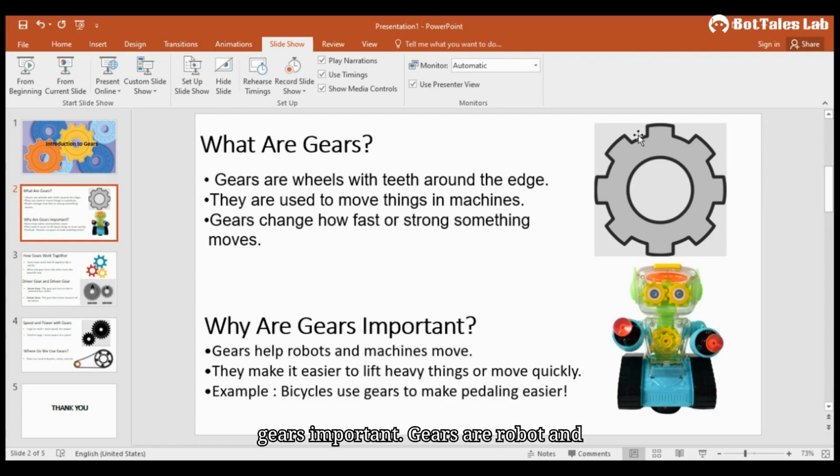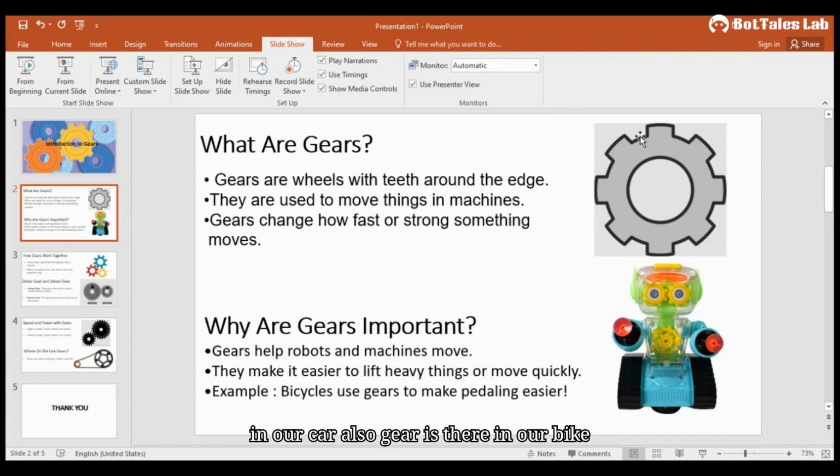Now let's see why gears are important. Gears help robots and machines move. They make it easier to lift heavy things or move quickly. Example: bicycles use gears to make pedaling easy. Basically all machines, robots, bicycles, or whatever rotating equipment there is in our day-to-day life, a gear mechanism is there.